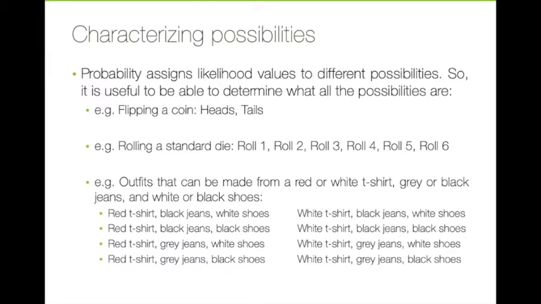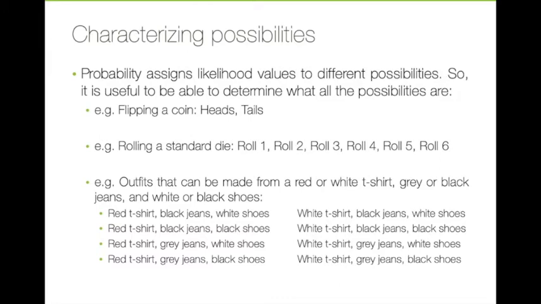With rolling our standard six-sided die, we have 6 possibilities. You could roll a 1, 2, 3, 4, 5, or 6. We also have some more esoteric ways of generating many possibilities. We can have sets of possible outfits that can be made from a red shirt or a white shirt, gray or black jeans, and white or black shoes.